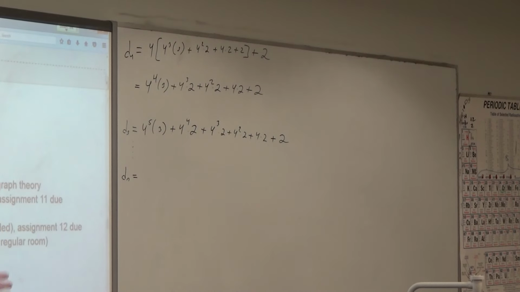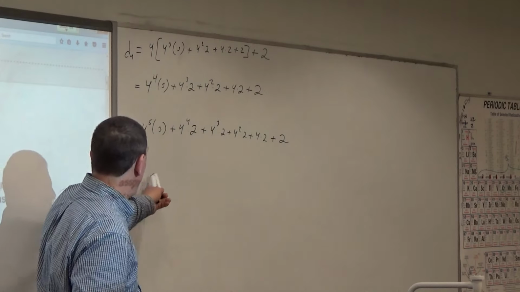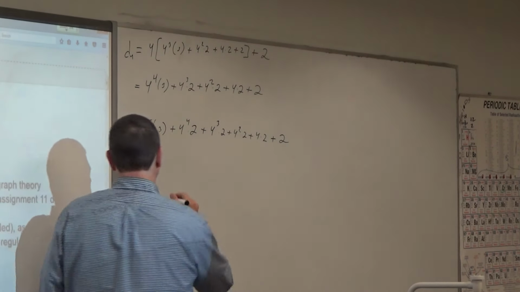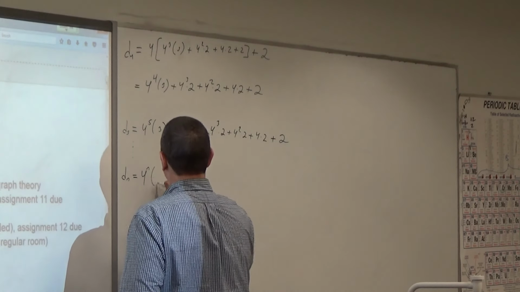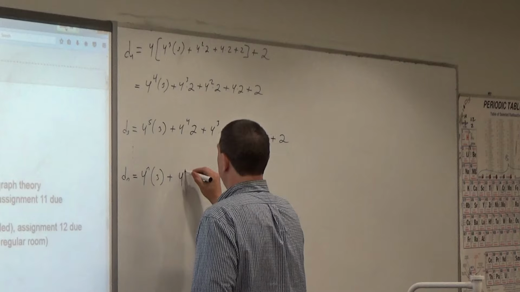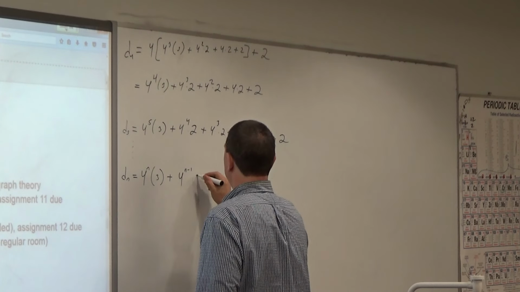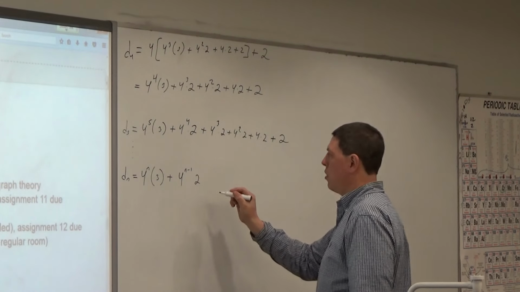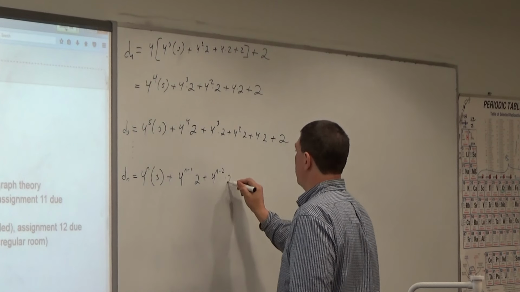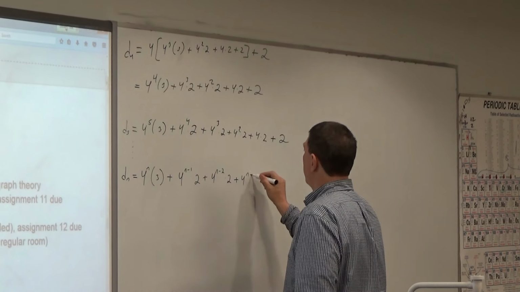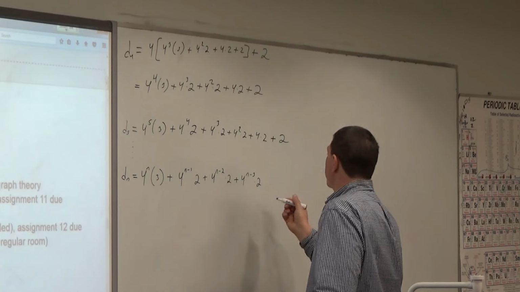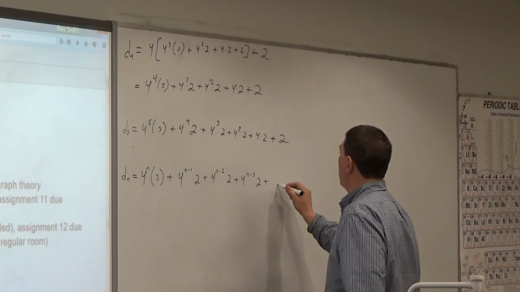So if I was to ask you guys what the nth iteration, and obviously we have a first, second, third, fourth, and fifth, does somebody think they might know what the nth iteration would look like? 4 to the power n times 3, plus 4 to the power n minus 1 times 2, plus 4 to the n minus 2 times 2, plus 4 to the power n minus 3 times 2, and that would just keep going, right?